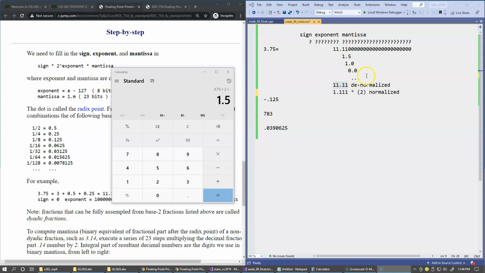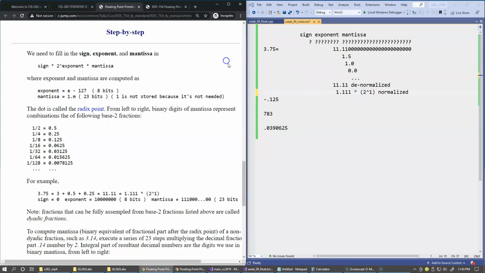Because the IEEE standard requires us to store normalized binary fractions, we're going to store this, but also as the integral part, and this will be our mantissa. Of course, the rest of the mantissa is all zeros, but now we also have to account for this part. And this is where the exponent comes into play. Its value is the power to which we have to raise 2 when doing this multiplication. In our case, it's 1, 2 raised to the first power.